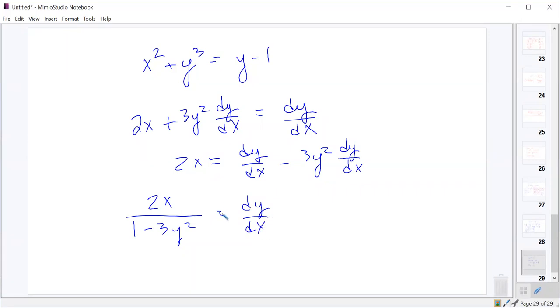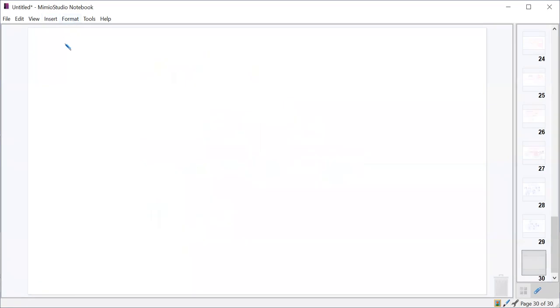To find the second derivative, we need to take the derivative of this with respect to x again. In order to do that, we're going to have to use the quotient rule. So I'm going to rewrite this: 2x over 1 minus 3y squared.